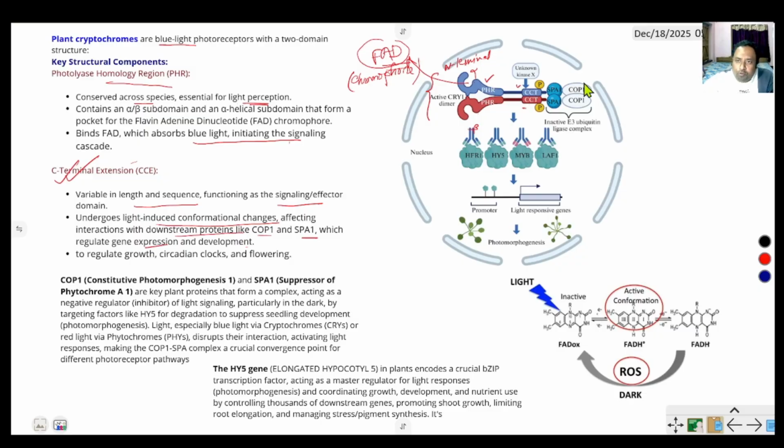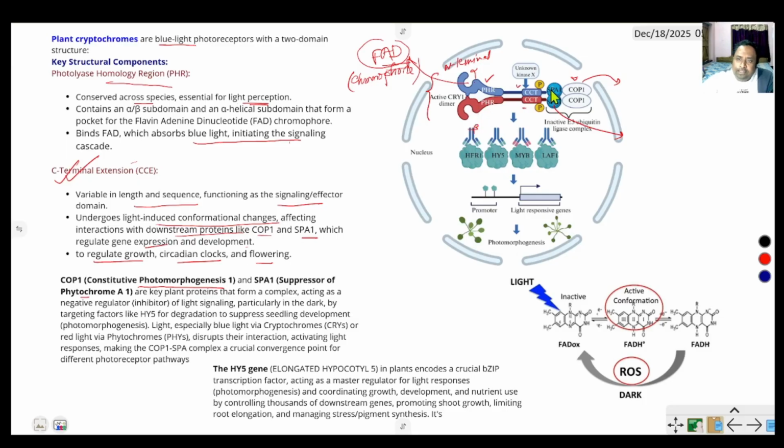COP1 is constitutive photomorphogenesis 1, and SPA1 is suppressor of phytochrome A 1. When SPA1 and COP1 interact with the CCT domain, the cryptochrome is inactivated. In the presence of blue light, SPA1 and COP1 are inactivated and this activates the phytochrome genes to regulate growth, circadian clock, and flowering also.